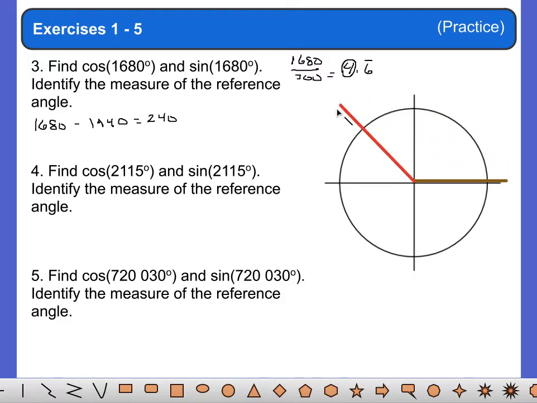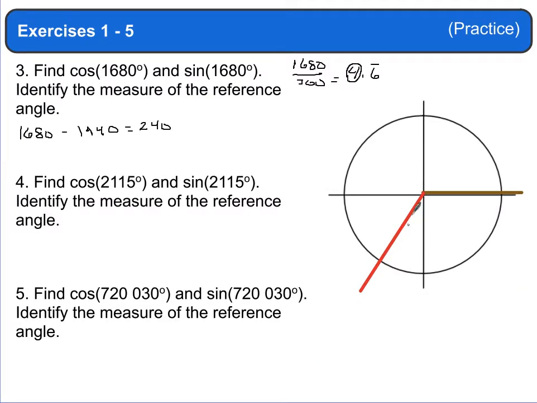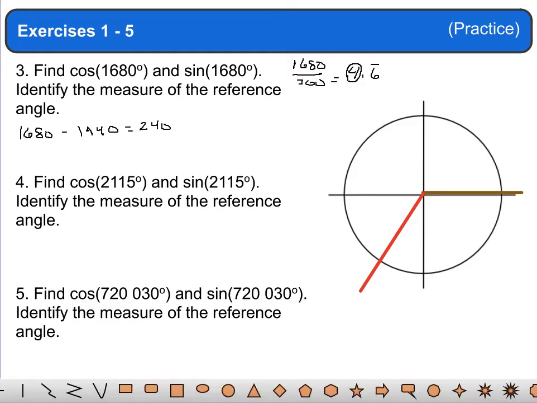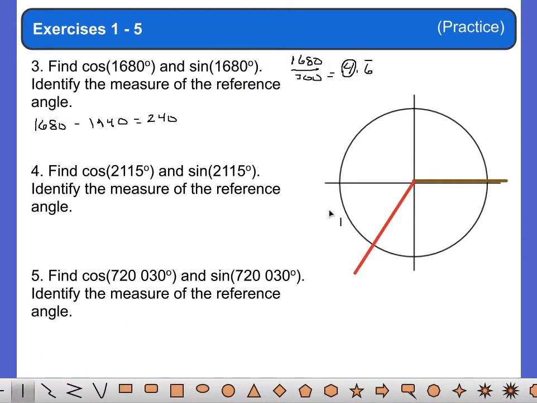So this is 90, 180, 270. 240 is 30 degrees before 270. And so we end up with this piece here. Now, what does that mean? That means I'm going to draw a line from where it intersects the circle straight to the x-axis, just as we did in yesterday's lesson.